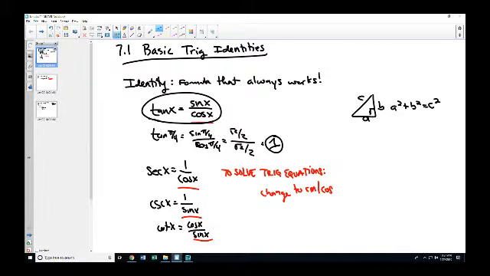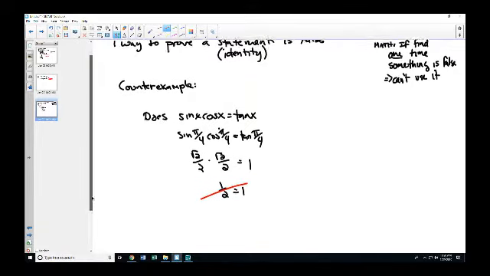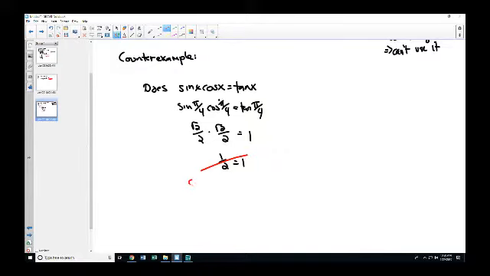Sine over cosine. We're not going to go that far. This is the square root of 4, right? Which is 2 over 4. Is that true? No. Nope. One half equals 1. That is what we call a counterexample.